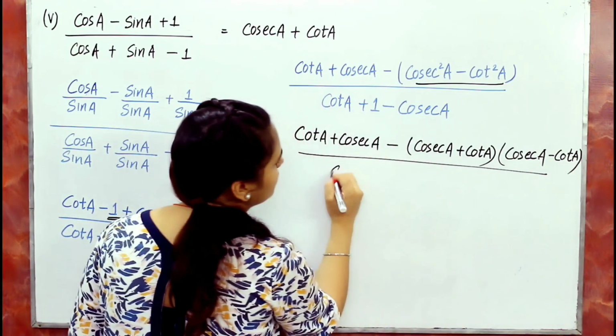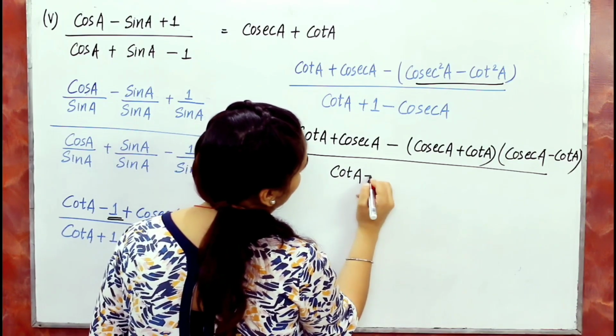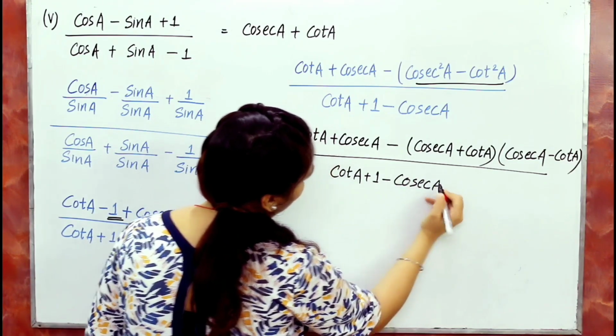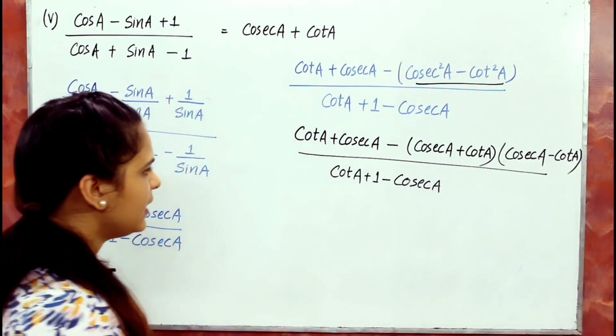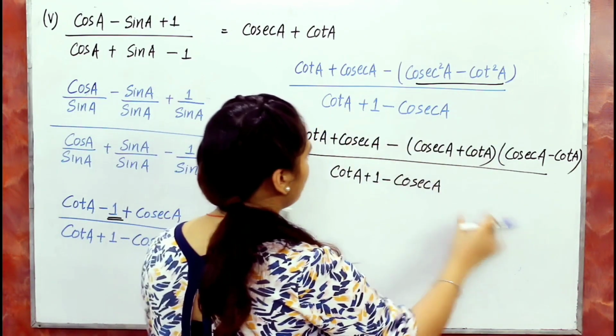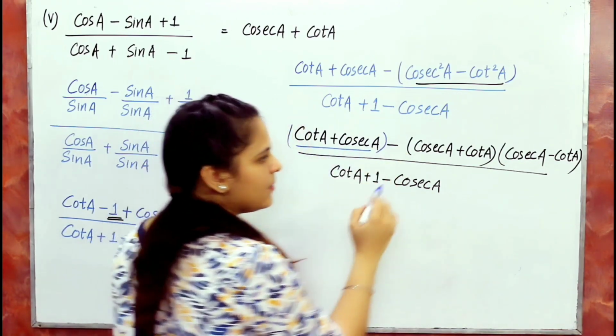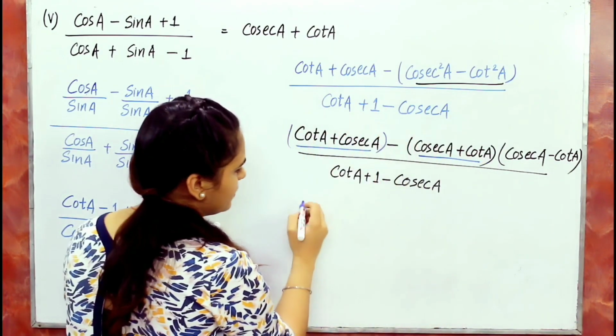No change in the denominator: cot A plus 1 minus cosec A. If you are thinking that it's quite complicated, what you can do here is take cot A plus cosec A common from the numerator.